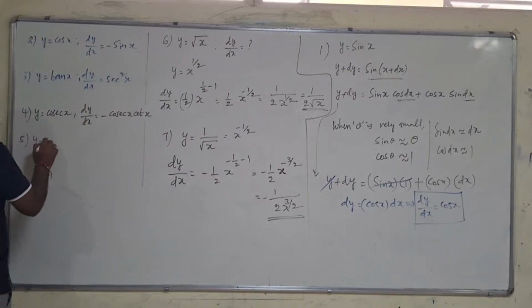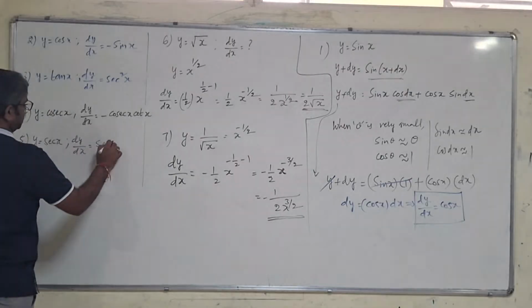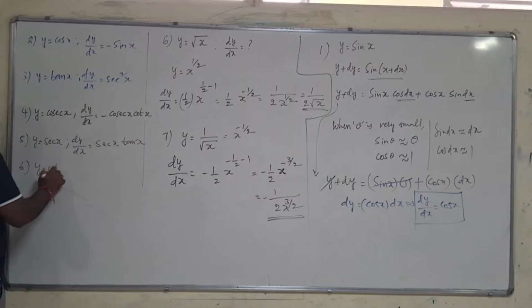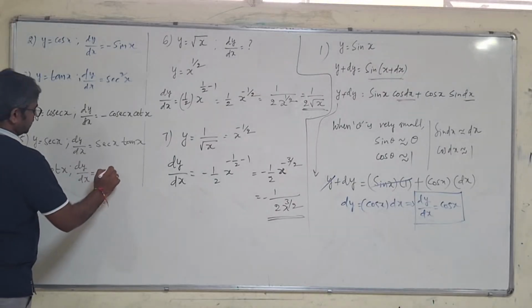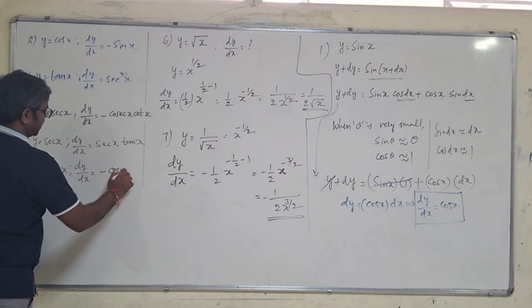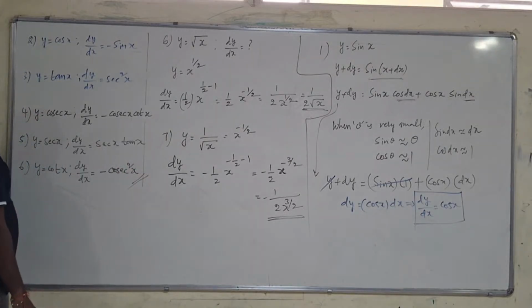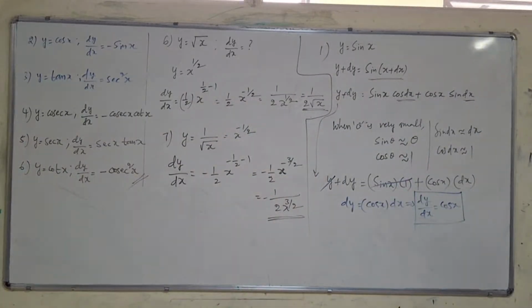When y is equal to secant x, dy by dx is equal to secant x tan x. y is equal to cot x, dy by dx is equal to minus cosecant square x. These are the formulas you should remember.